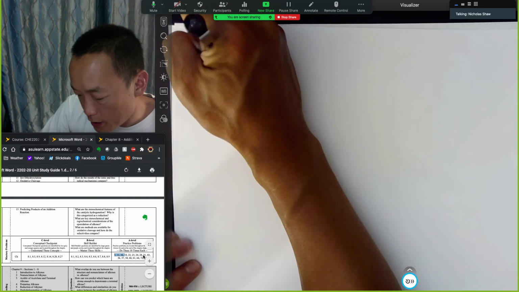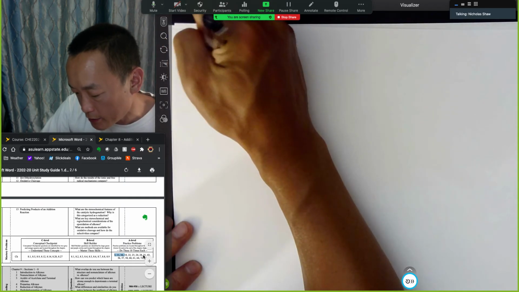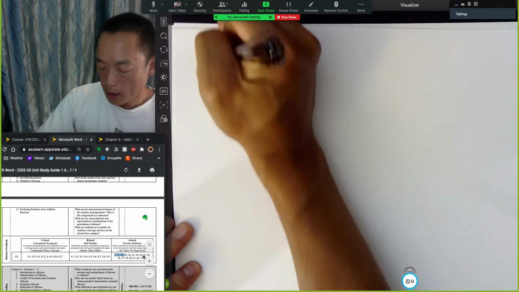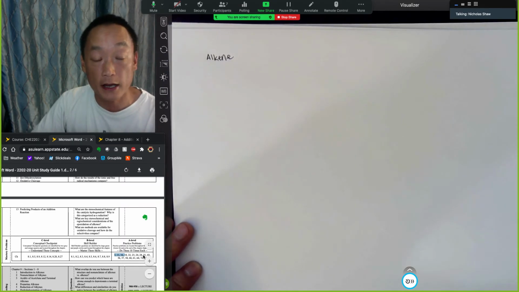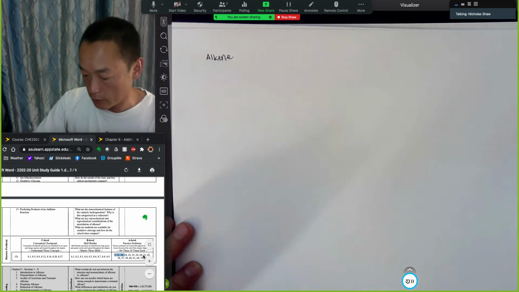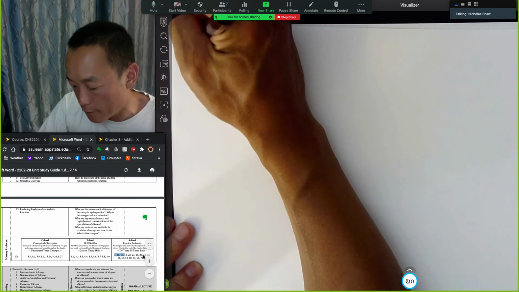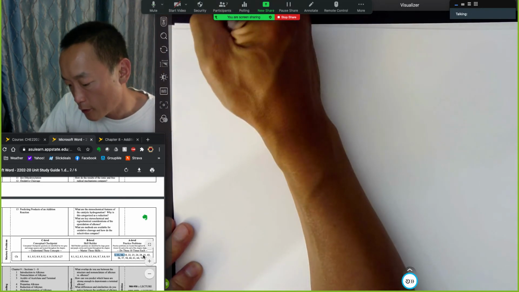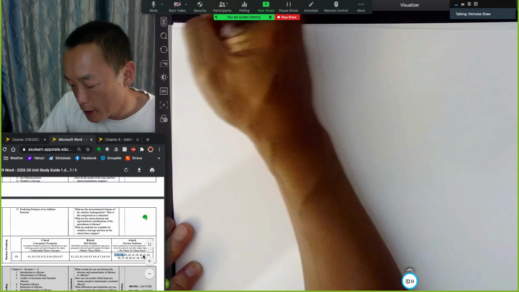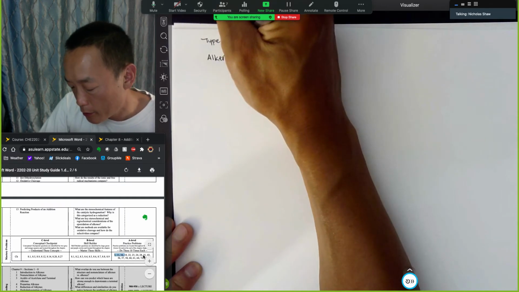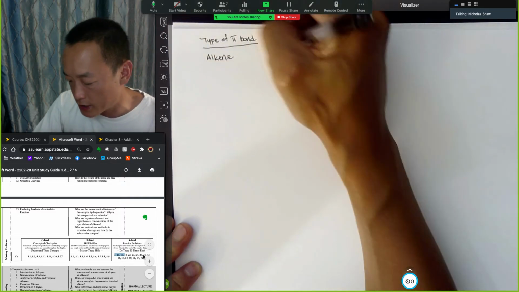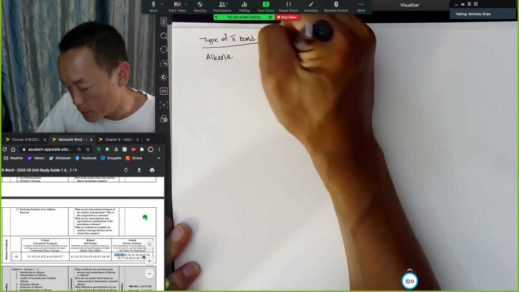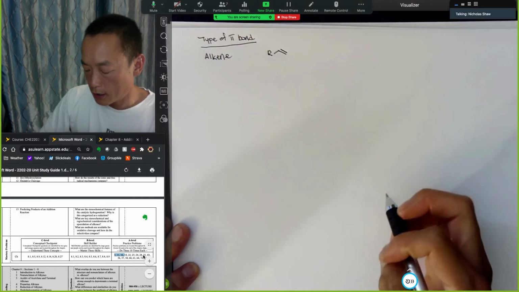So let's make a table. Alkene is the functional group name. Let's say the type of pi bond, and we're going to be looking at an alkene here. The example of that would be R, something like this, generically.